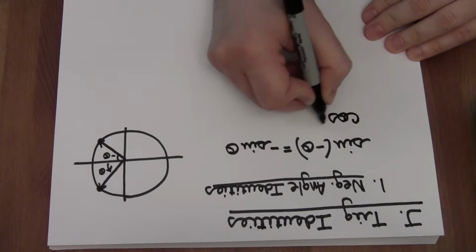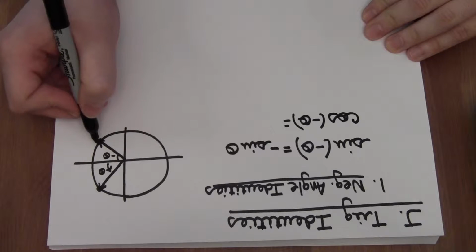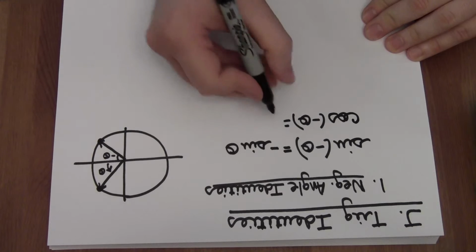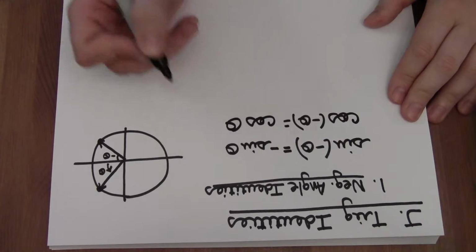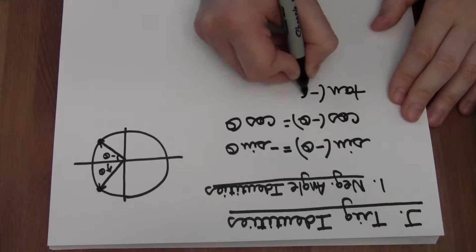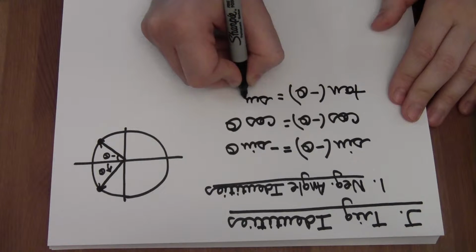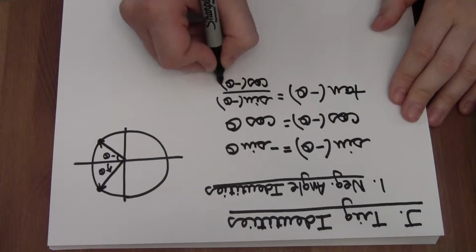That means that the sine of negative theta has to equal the negative of the sine of positive theta. The cosine of negative theta, remember, is our x-coordinate, and this time they have exactly the same x-coordinate. Positive over here, positive over there. The cosine of negative theta should equal just the cosine of regular theta. To figure out the tangent of negative theta, rather than trying to use that circle, I can just do the sine of negative theta divided by the cosine of negative theta.